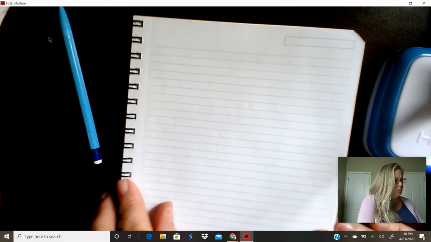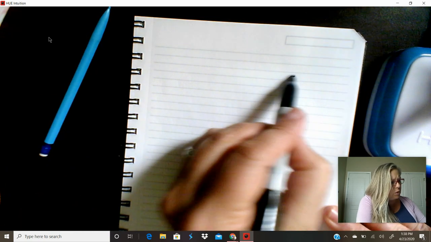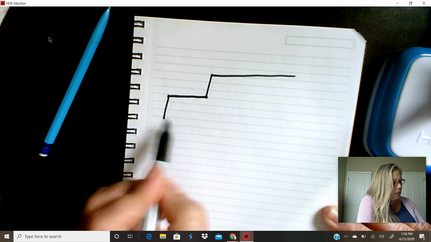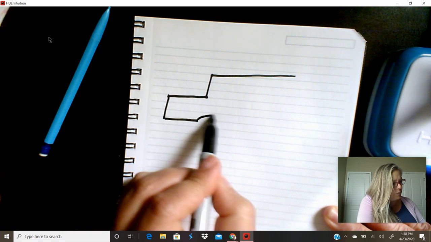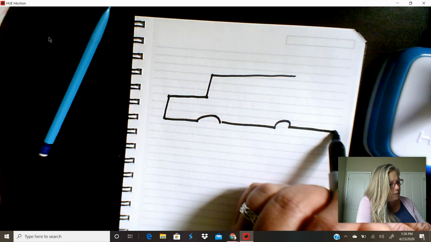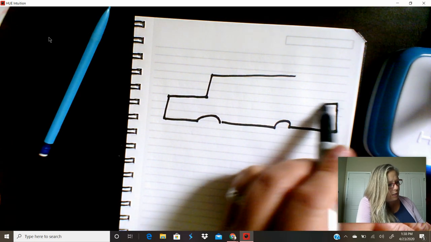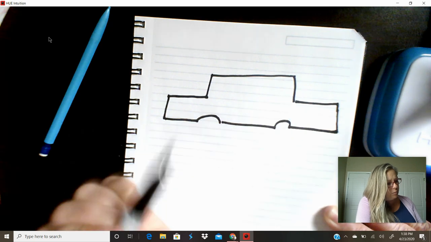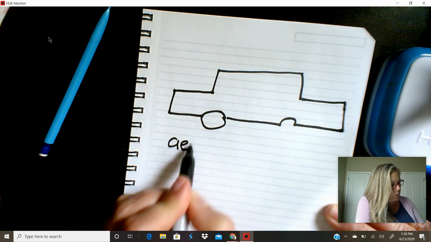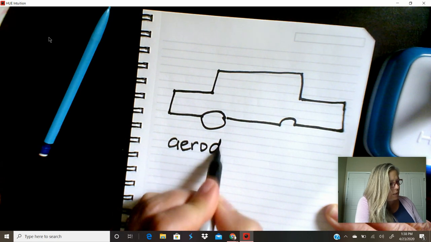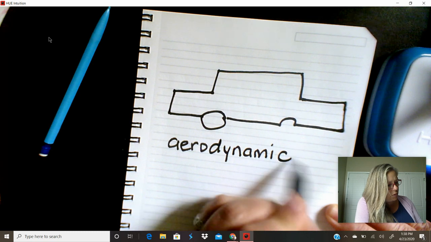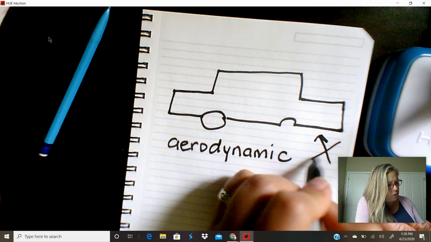If you were in the Zoom meeting, I was drawing a picture about how when I was a kid, back in the 70s and 80s, if I was drawing a car, I would draw it super boxy because that's what cars looked like. They weren't very smooth or aerodynamic, which is a word you need to know. Aerodynamic. This car, not so much.